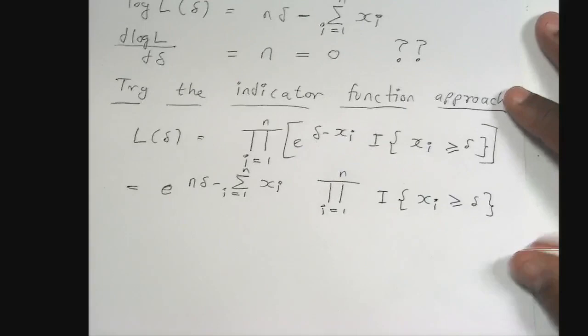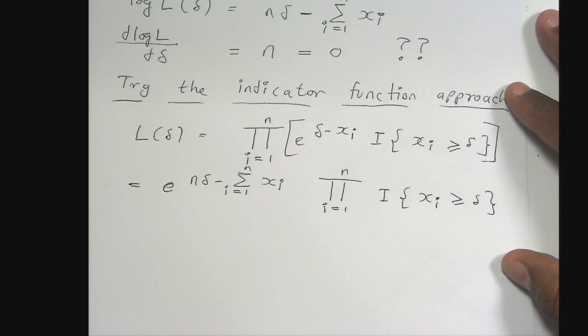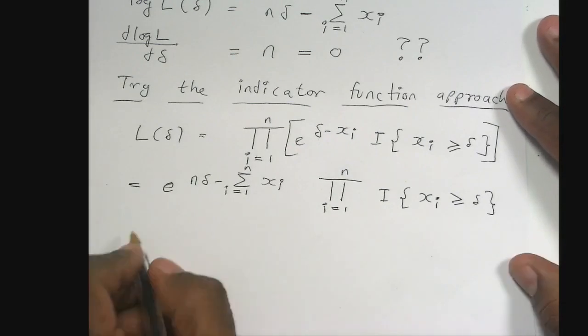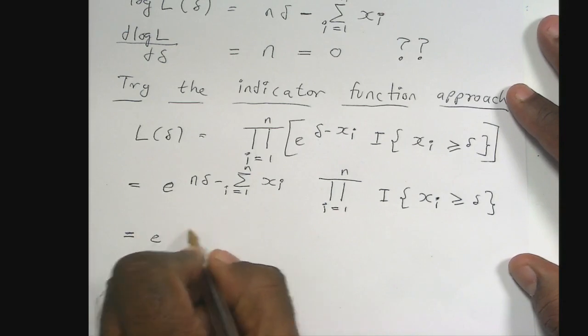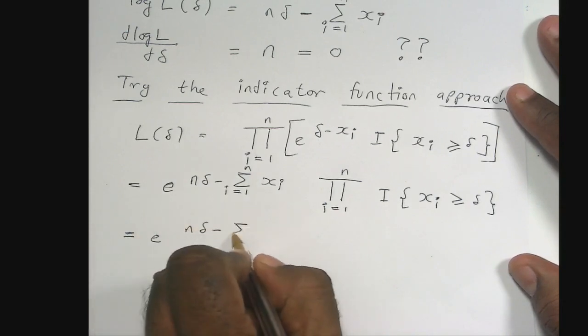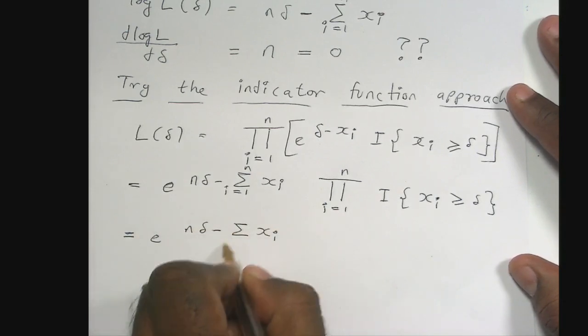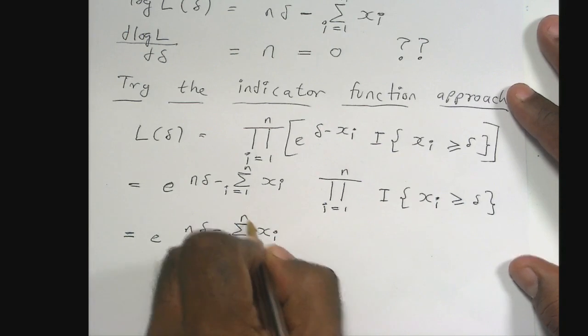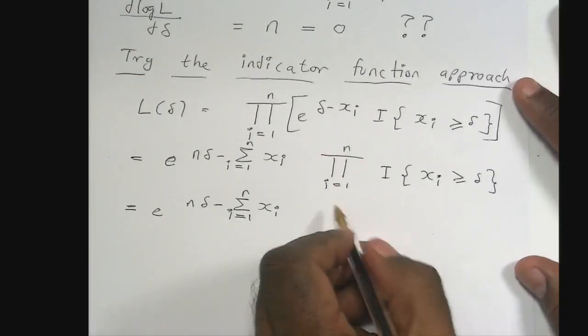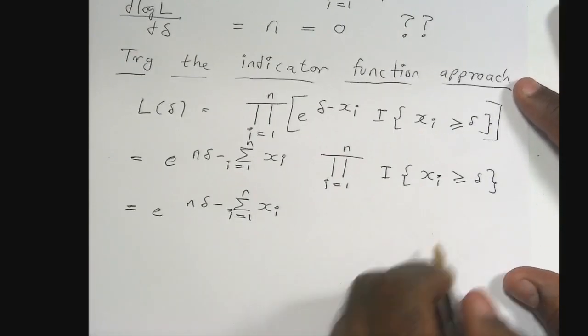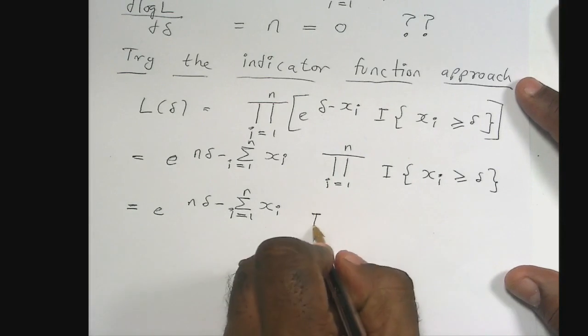Now remember, there are three rules I gave you in the lecture notes to simplify products of indicator functions. I hope you guys remember those. Now what would this simplify to?